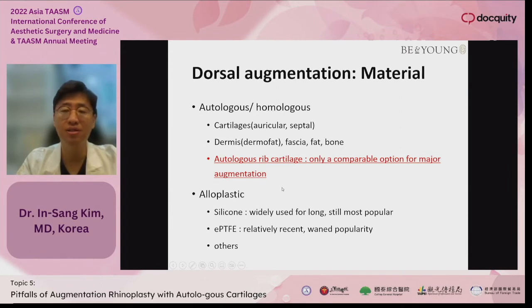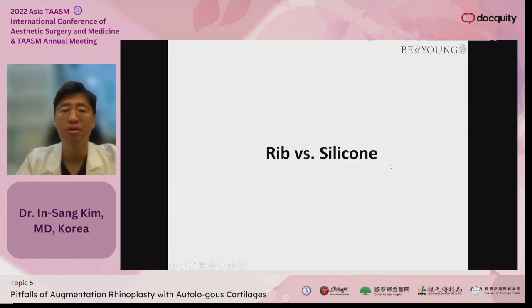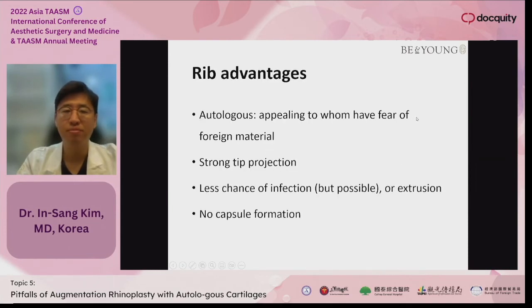For alloplastic implants, silicone has been widely used for a long time and is still the most popular, I think. And ePTFE, in Korea, has shown waned popularity recently. Rib versus silicone: rib has many advantages.